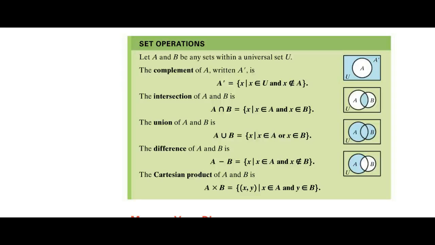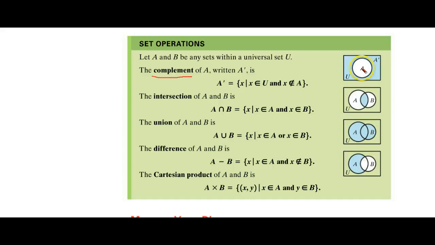Now, this is a summation of what we've been through so far, and we can see it represented in the Venn diagram. When we speak of a complement of A, which is written A prime, and is defined as this, it would be all elements not in A that are in the universe.